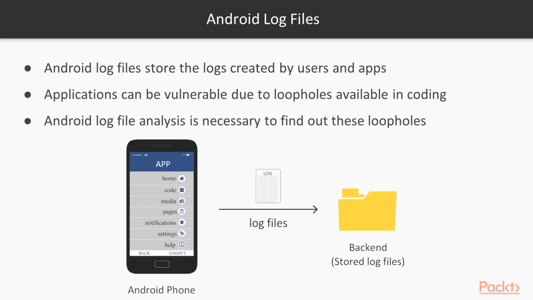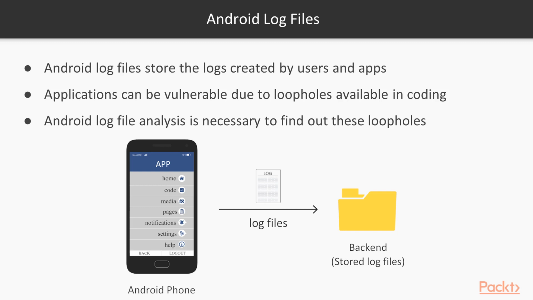So maybe due to the vulnerability inside app A, in the log files you can find secret information, some user information, user credentials in plain text. Generally Android apps use encryption, but if there is a vulnerability available inside the app, then it may use plain text because of the vulnerability. So after analyzing the log files, an attacker can easily get information about credit card details, debit card details, usernames, passwords in plain text. So this is the meaning of the second point.